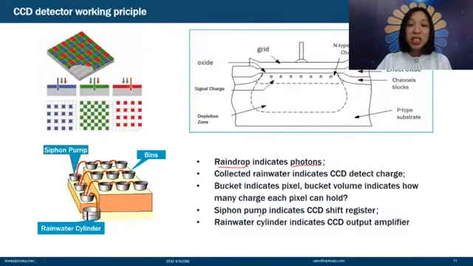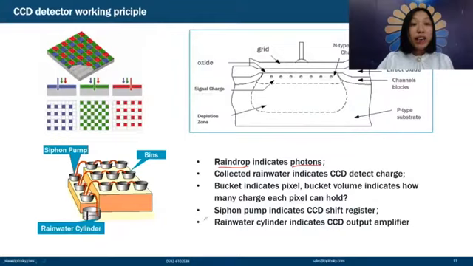And also the siphon pump indicates the CCD shift registers. We need to pour down to the shift registers, gradually from here to here. And finally, the rainwater cylinders indicate the CCD output amplifier.